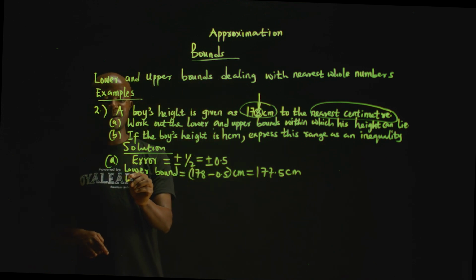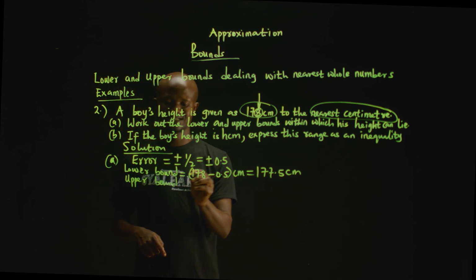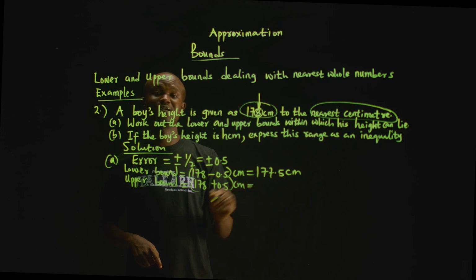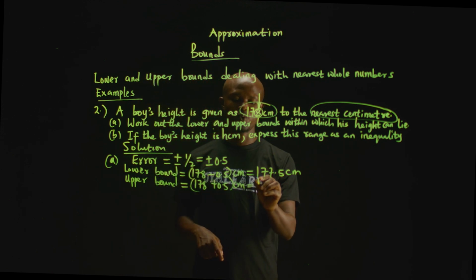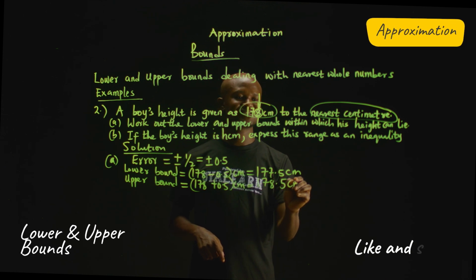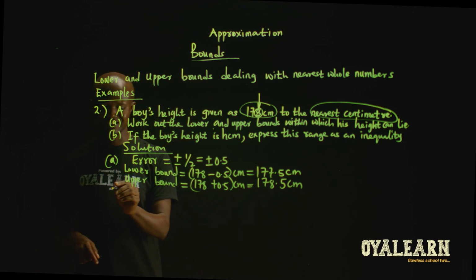Now we calculate the upper bound also. For the upper bound, what do we do? We are going to add. So this will give us 178 plus 0.5. Then we put the unit. Now what do we have? 178.5 centimeter. This is the solution for part A.